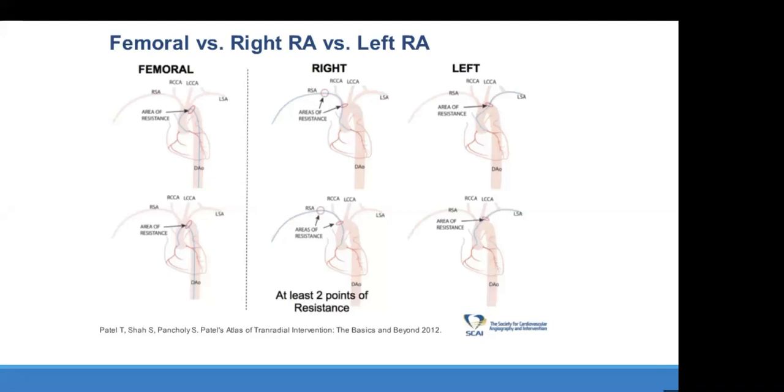Kinking is one of the worst things that can happen to a sheath, and if you identify it, you say it. Tips include that suddenly you lose the pressure waveform on the screen, and that gives you a hint that you torqued. Kinking happens because of this area of resistance in the right radial.